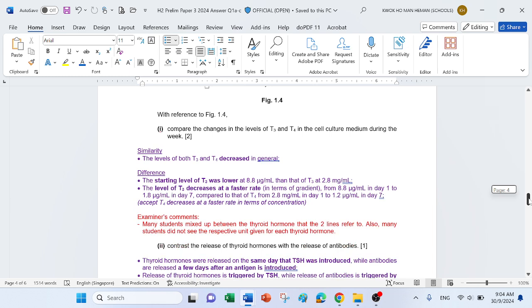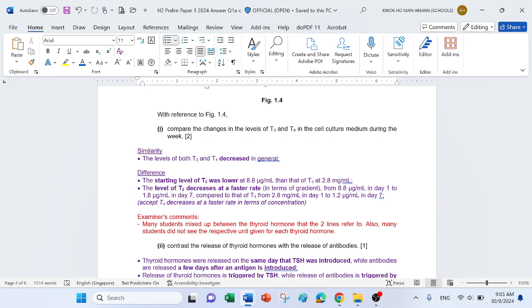So really depends on in terms of what you are talking about, whether T3 is faster or T4 is faster. So in the description of the difference, right, when you say T3 is faster, for example, you should actually go on to say faster in terms of maybe the gradient or similar words like that, right? Or for those who say T4 decreases faster in terms of the absolute amount, for example, right? But most of you did not actually explain what you are really comparing when you say one is faster than the other.